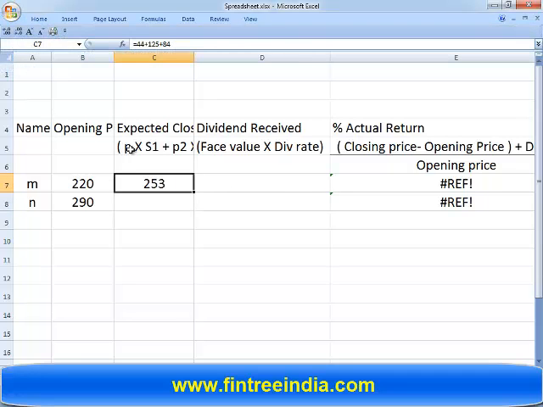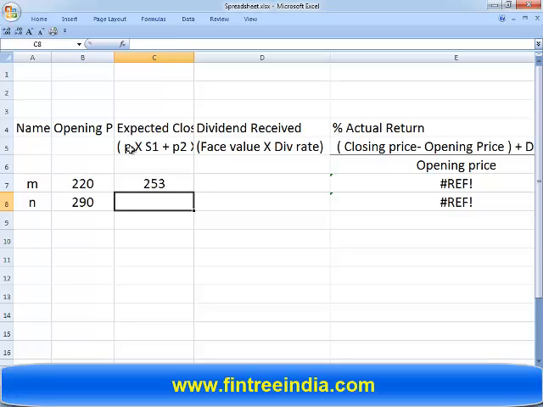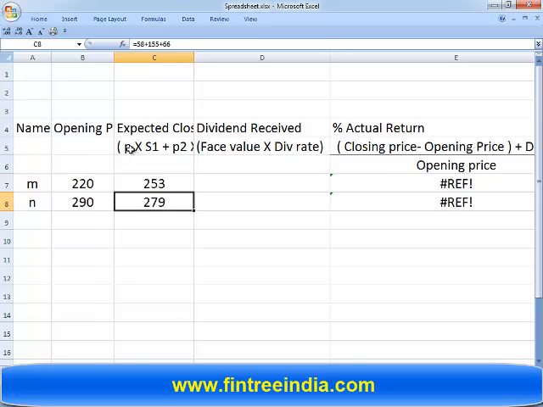Are you getting the same? Okay. Let us solve for second one as well. Our values should match. Are the same?